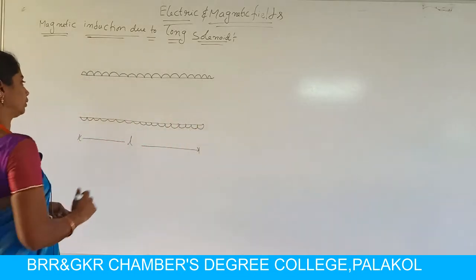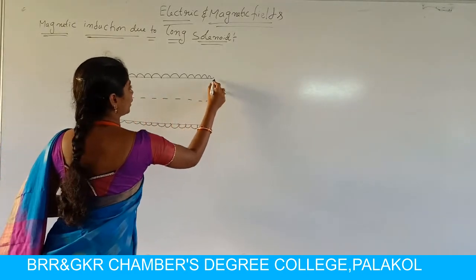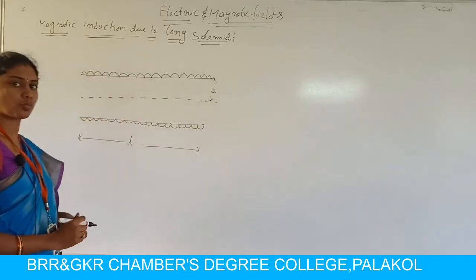And also here the radius of the solenoid is treated as small a.